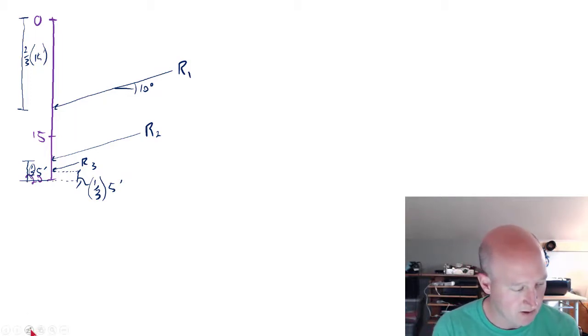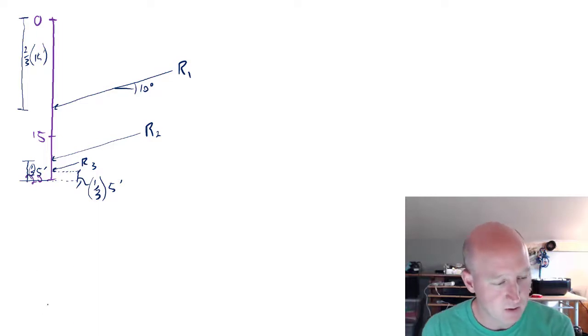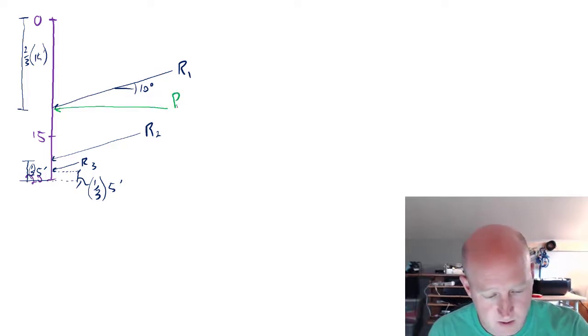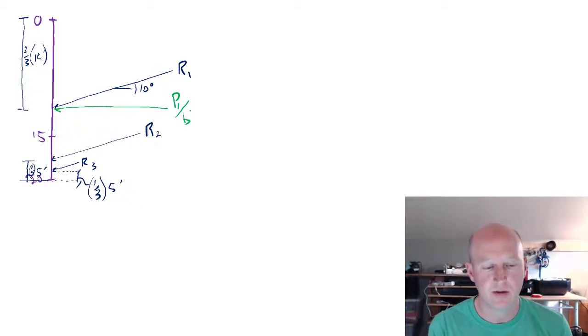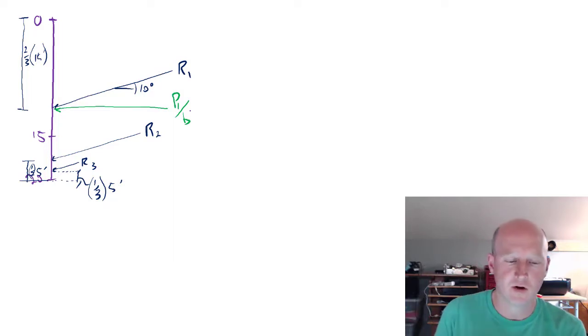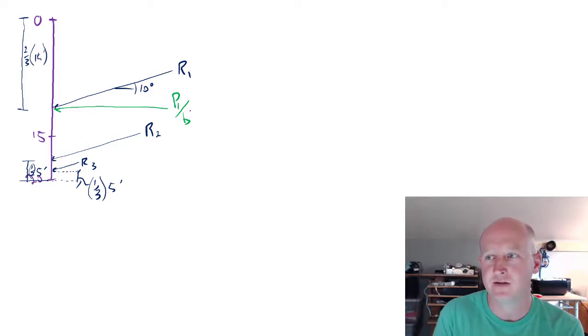And so now what we need to do is get the horizontal component of each of these. So let's call this horizontal component P1, and we should have been calling these over b, and the over b symbolizes that this is a per unit length calculation. So we're going to have answers in terms of pounds per foot. So the little b indicates that it's per foot.